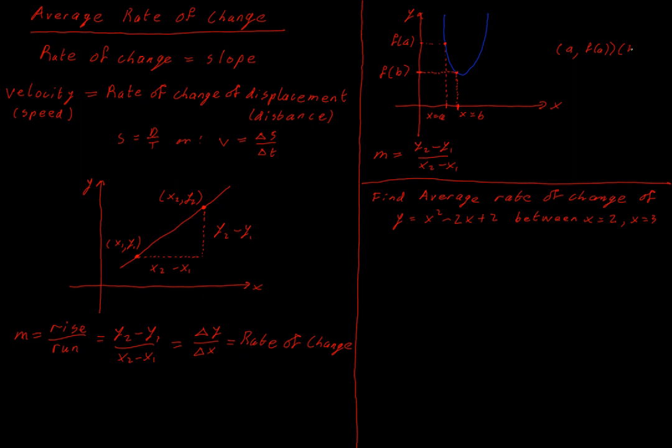And my second point would be at x is b, y is f of b. So this is my x1, y1, x2, y2. So that would be f of b minus f of a all over b minus a.